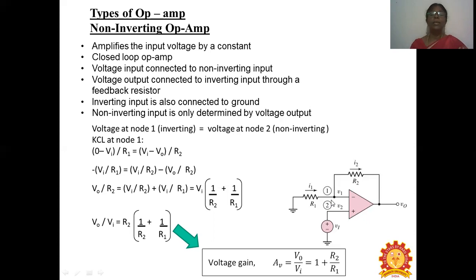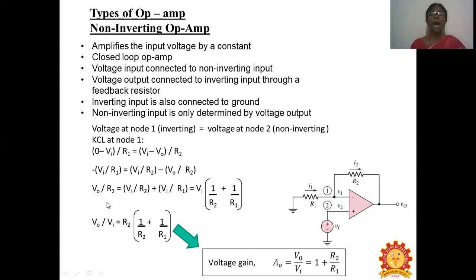So, using Kirchhoff's current law at node 1, 0 minus Vi, the voltage at that node, divided by R1 is equal to Vi minus output voltage divided by the feedback resistance R2. Therefore, minus Vi by R1 is equal to Vi by R2 minus V0 by R2.